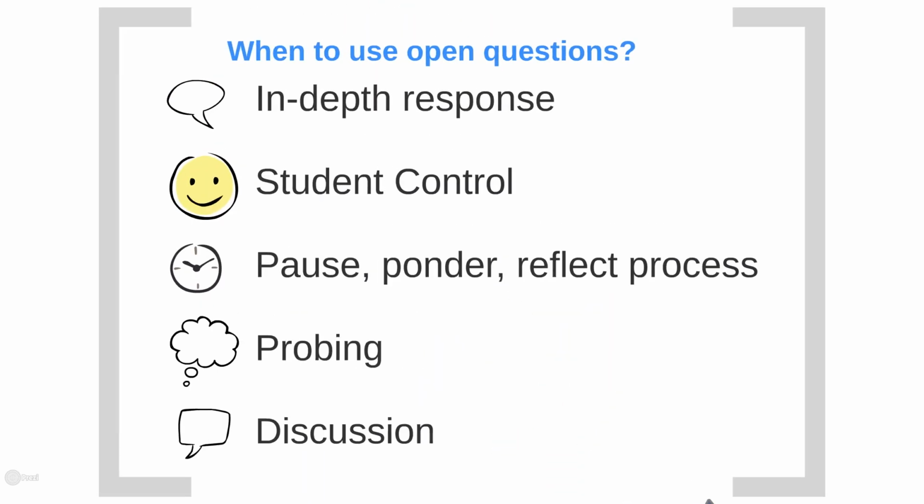So when we use open questions, we're looking to get a more in-depth or lengthy response, or we want to allow our students more control over the conversation because this will then build their confidence. We also can ensure that it goes through the pause, ponder, reflect process as our student goes through that process. When we're probing for clarity and completeness, and when we want to start a group discussion, this is also a useful way of doing it.